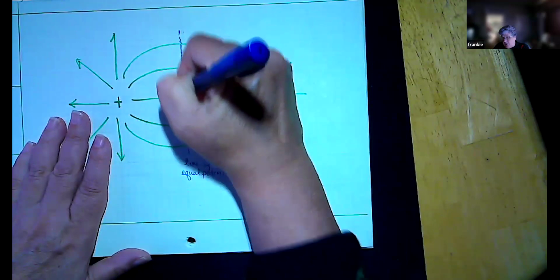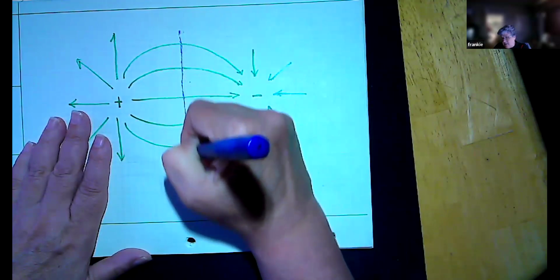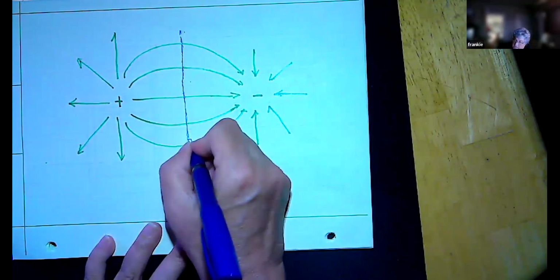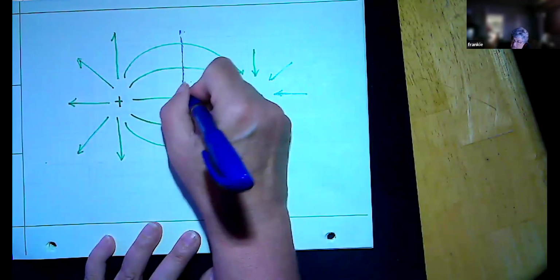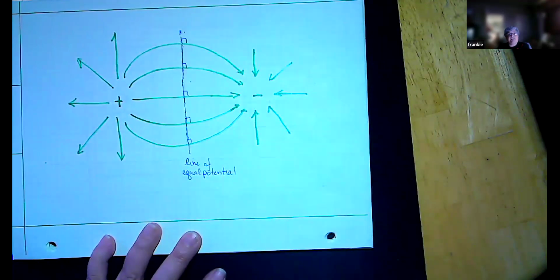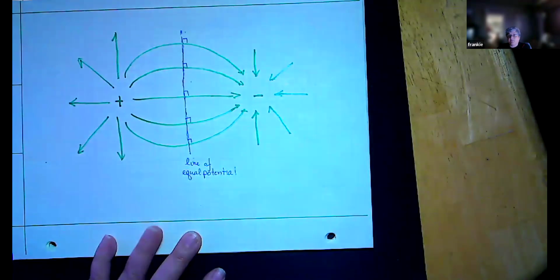The potential along this line is always the same. And we can infer our electric field lines by drawing things perpendicular to our electric potential.